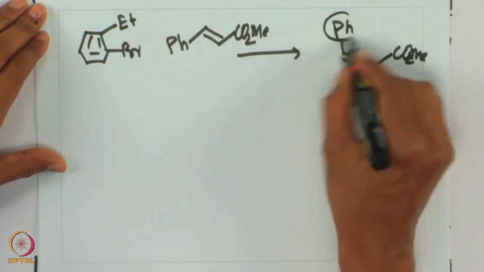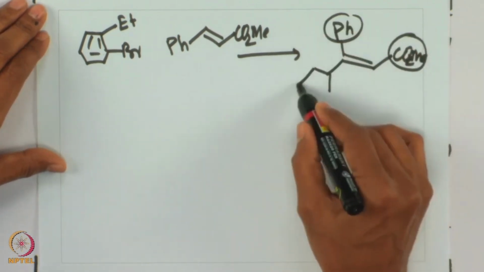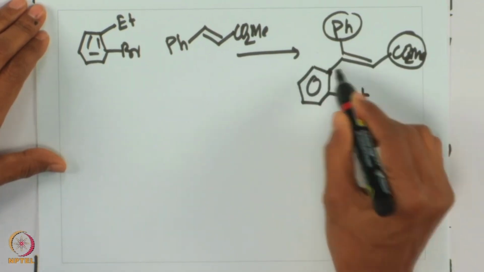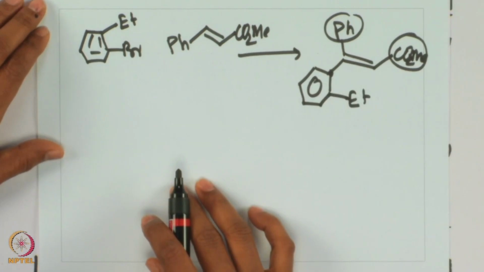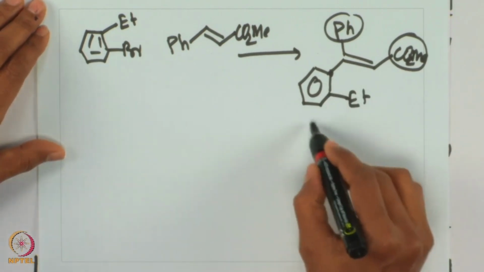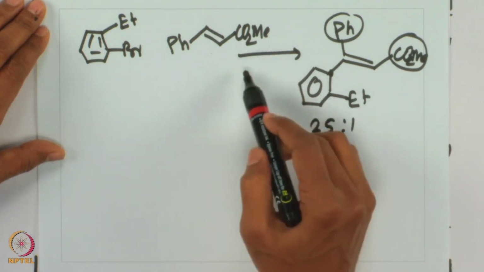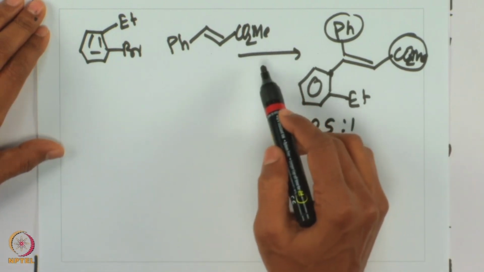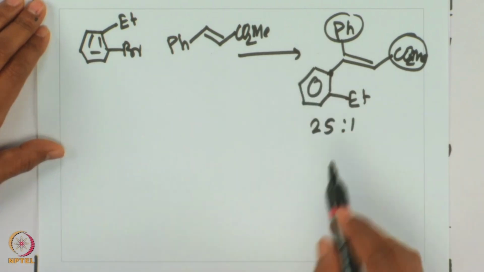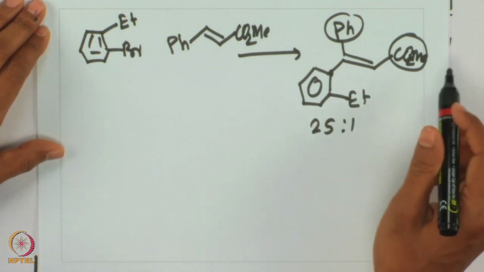The phenyl and CO2Me should be on the same side, and the incoming aryl group can be on the other side. The substituent at this ortho position is not hampering the selectivity too much. This gives a selectivity of 25:1 if we use palladium acetate, tetrabutylammonium chloride and dicyclohexylmethylamine as a base. This was of course reported by Buchwald in 1999.